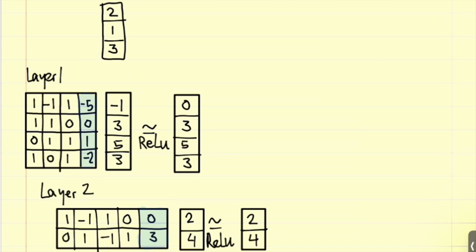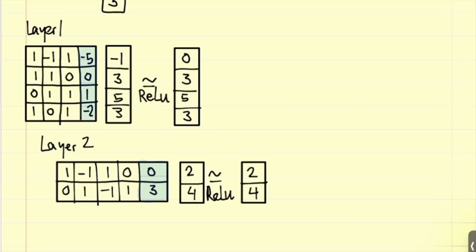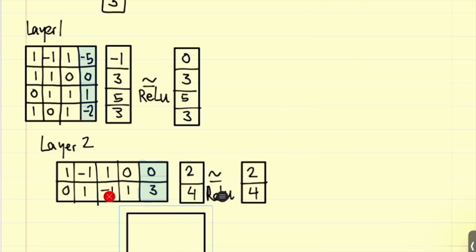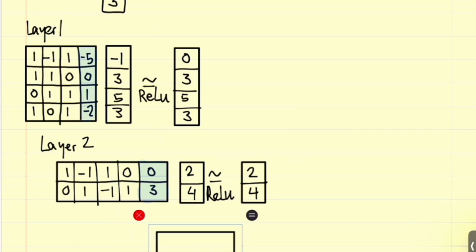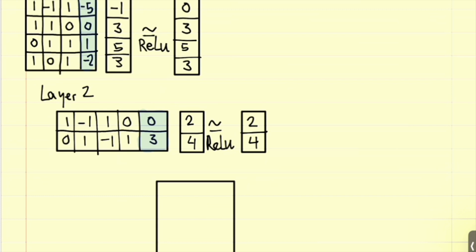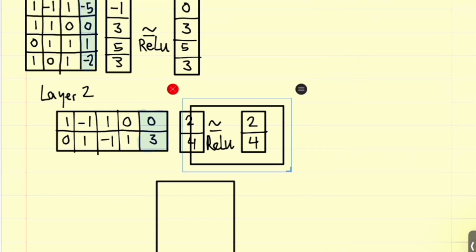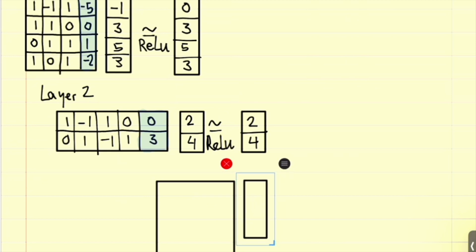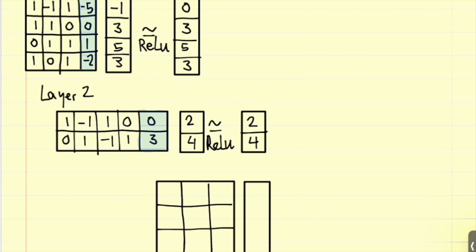Okay. And layer 3 gets a square. And a rectangle. So I get here again, this is the bias. It's layer 3.